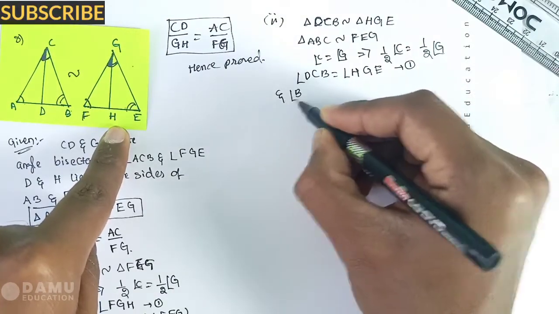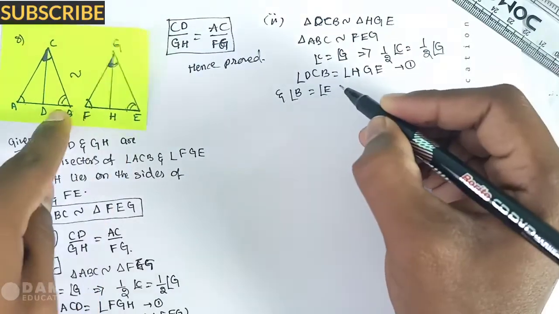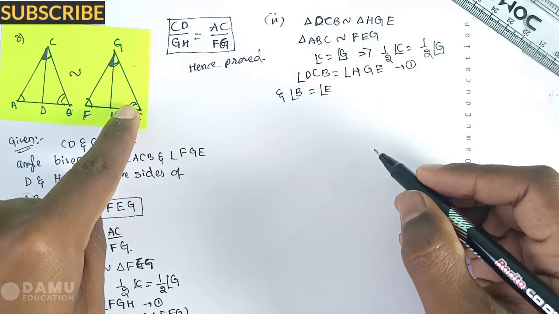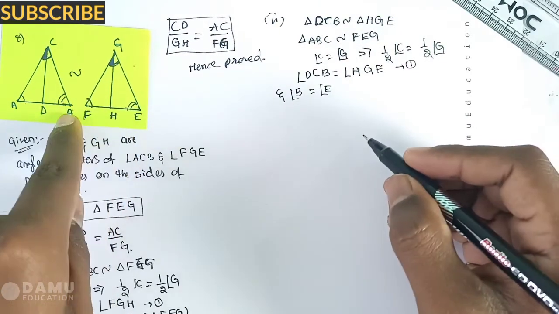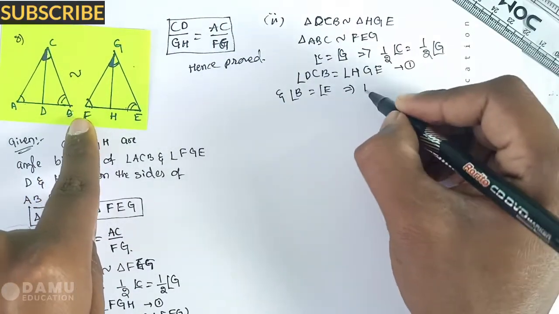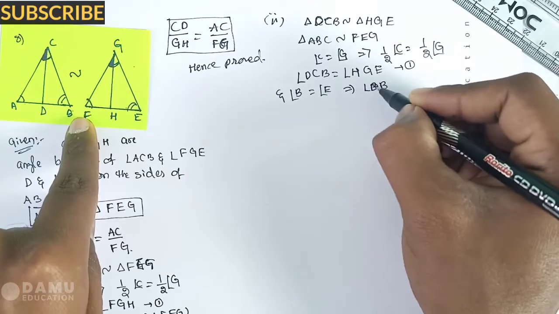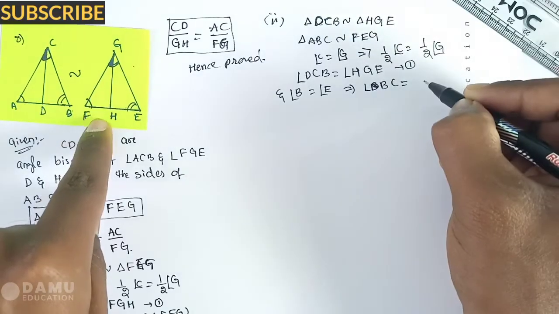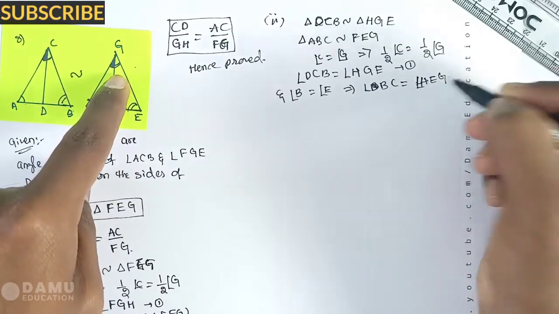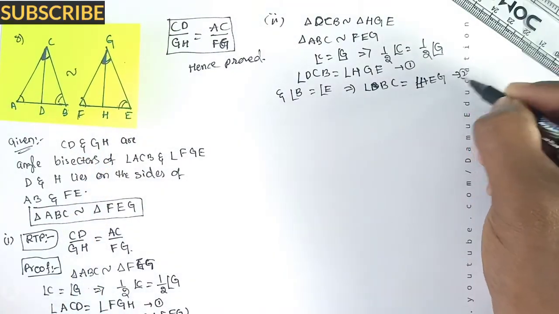Again, angle B will be equal to angle E, so angle DBC will be equal to angle HEG. So this is equation 2.